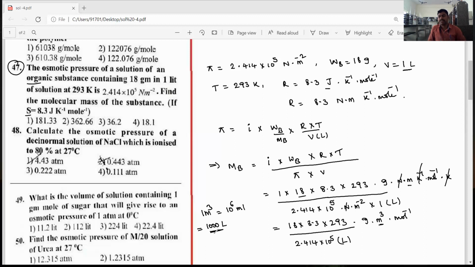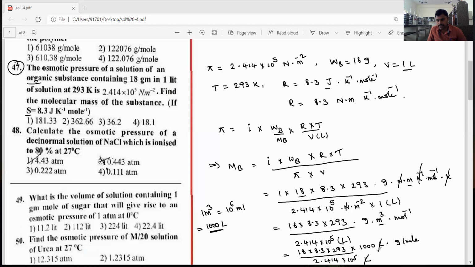So just substitute this value: 18 into 8.3 into 293 into 1000 liter gram per mole, divided by 2.414 into 10 to the power of 5 liters.